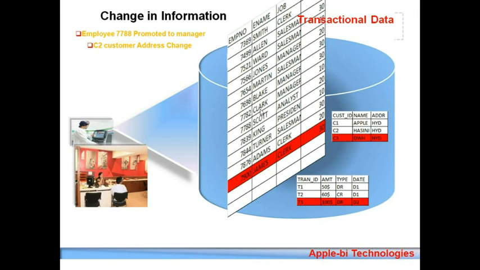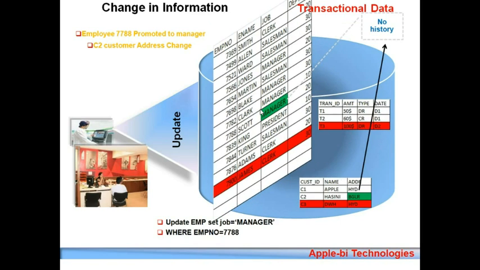But if there is any change, what we do in the systems is this: previously the customer was in Hyderabad, now she requested a change, so I went and updated it from Hyderabad to Bangalore. Previously this person was an analyst, now he got promoted, so I updated it to manager. So in a transactional system, any new information is kept.